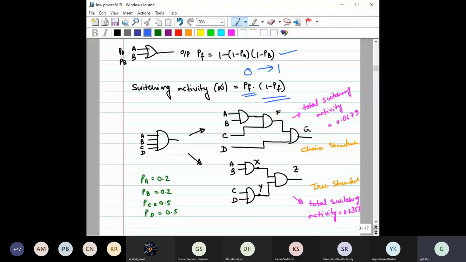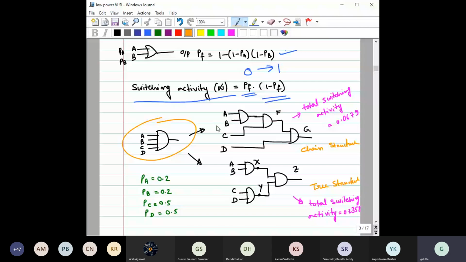So if we can now define the switching or transition activity by this, then we have also considered one example: this 4-input AND gate. We know that we cannot design multi-input AND gates; it is not good from a circuit design point of view.